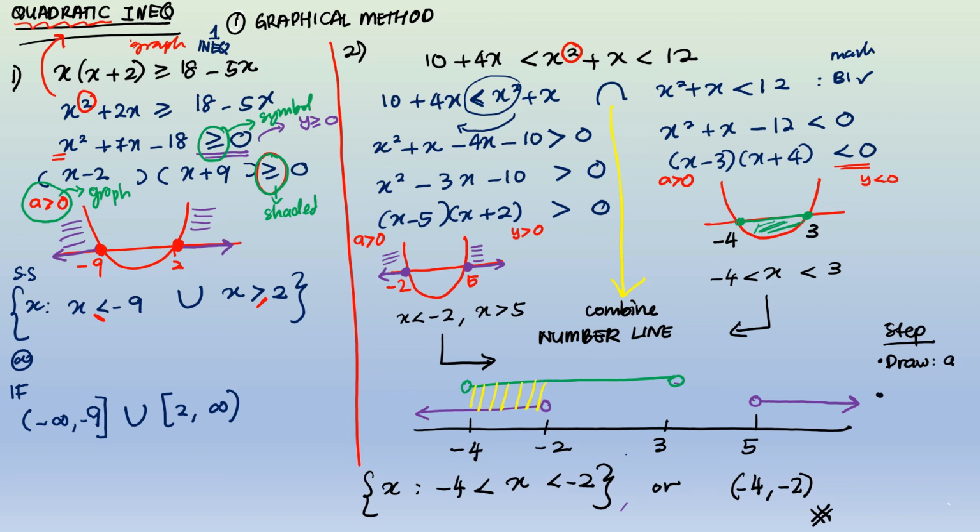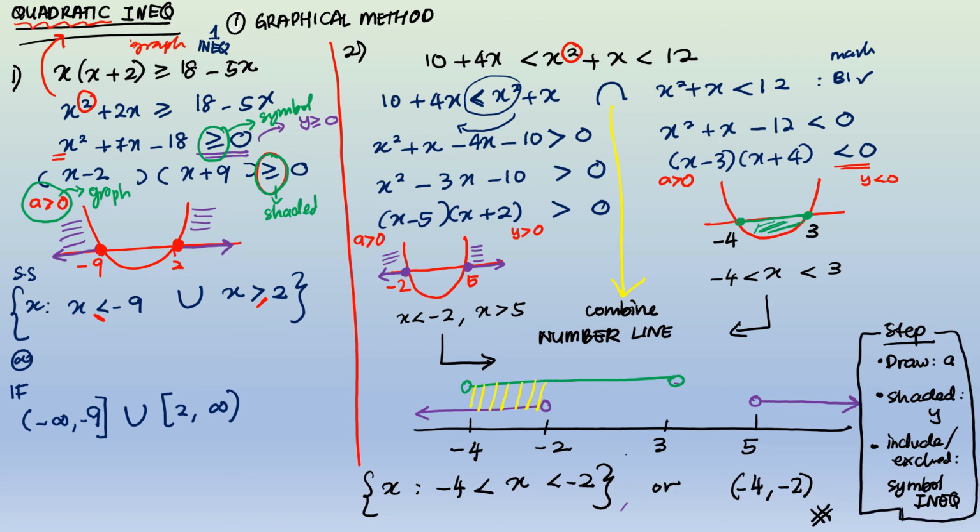Second one is for you to take note of the region, or shaded area; it depends on y. And for you to know whether it is included or excluded, it depends on your symbol of inequalities. Alright, so you must know all these three things in order to answer correctly.